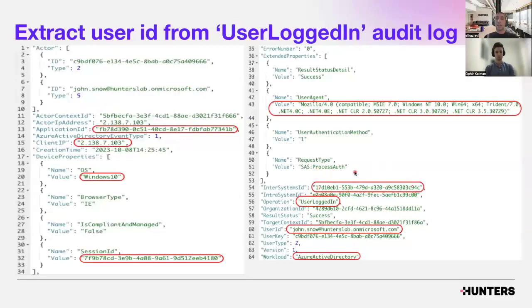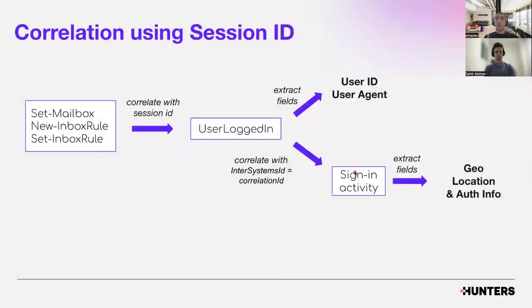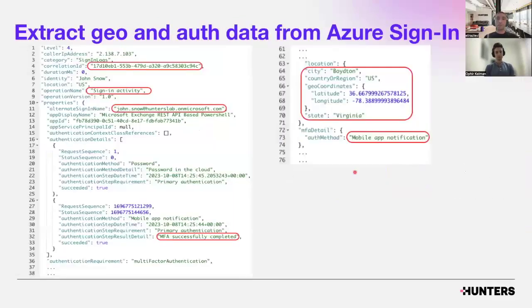This is what allows us the correlation. We can see the original username, and data on the way the authentication was conducted, for example, MFA in this case, and also the geolocation.